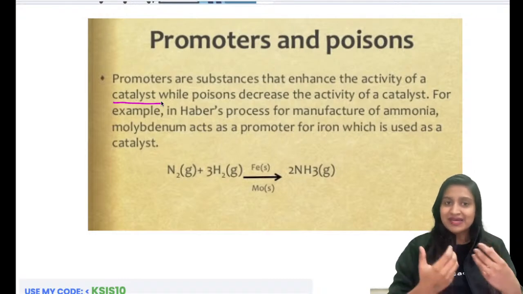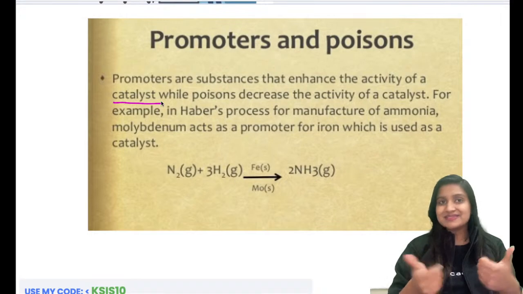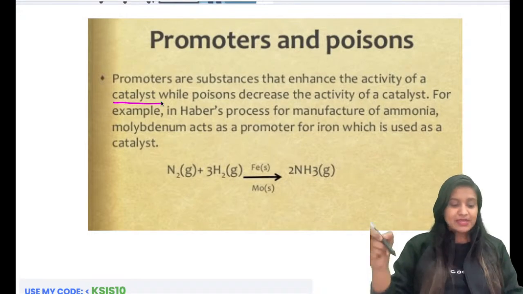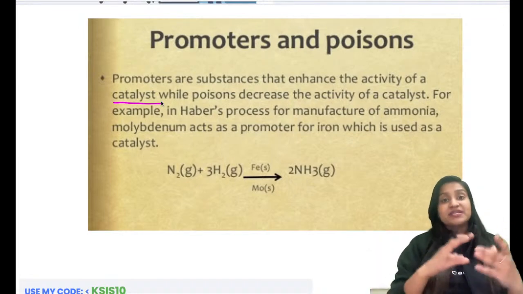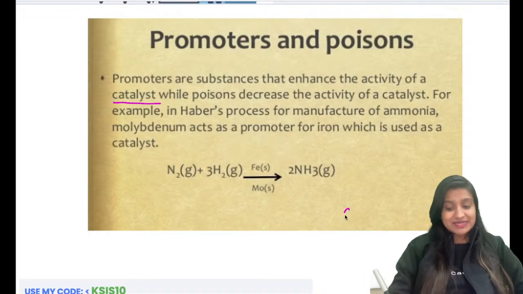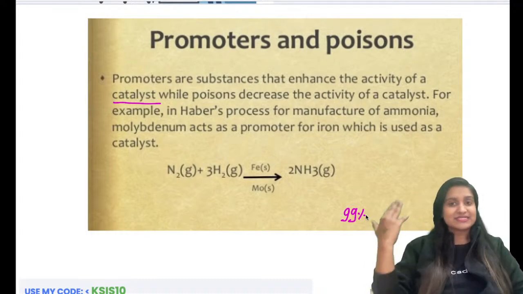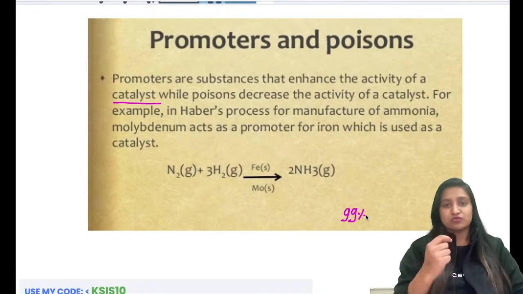Basically, catalysts can be used both ways: one is to increase the speed of the reaction, and the other is to decrease it. But generally, in 99% of the cases, we use a catalyst to increase the speed of the reaction. Okay, so the next thing is promoters.